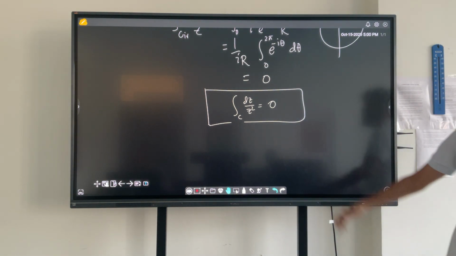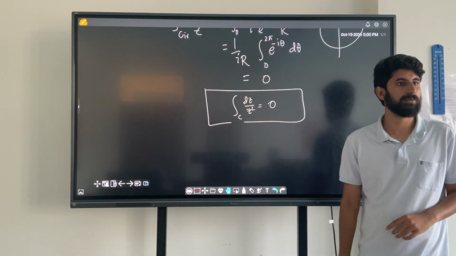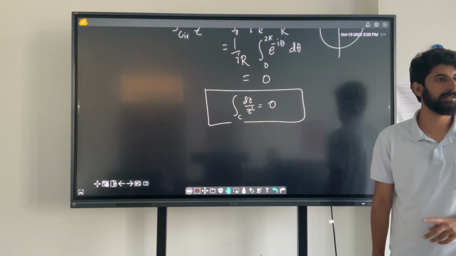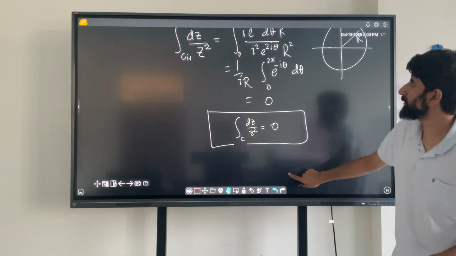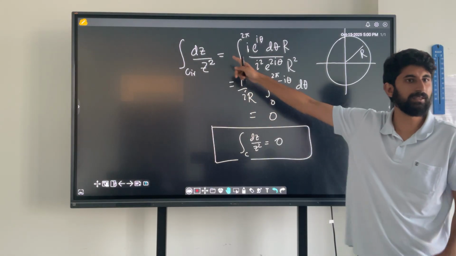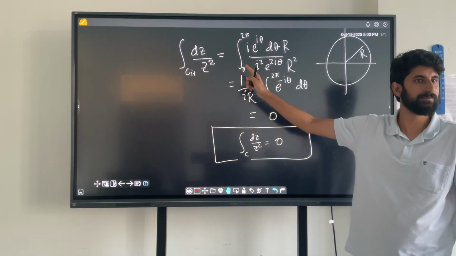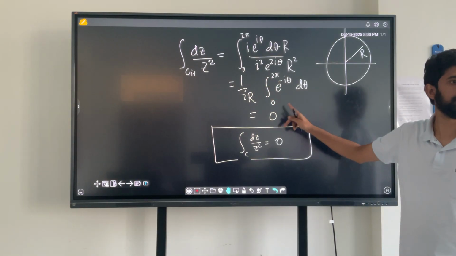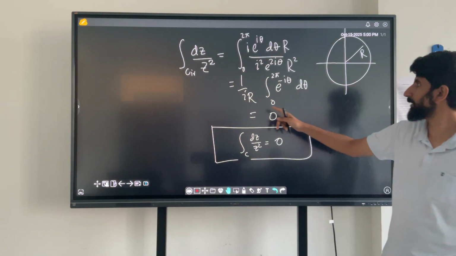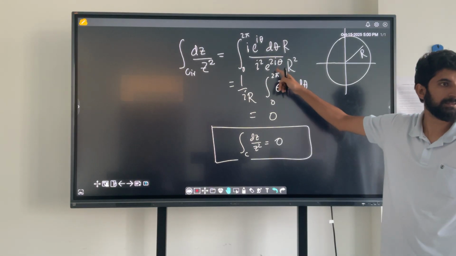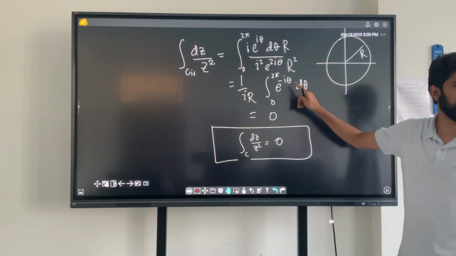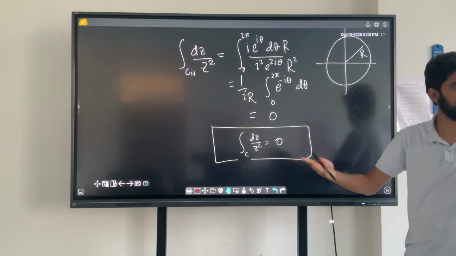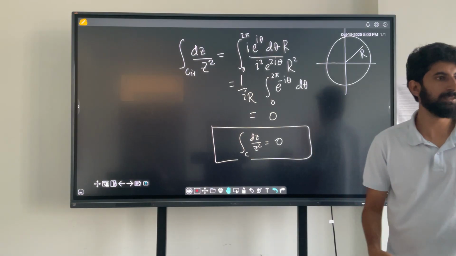What about 1 by z cubed? You have to do the same business again, but with z cubed now. You will see you get 0 again. For z cubed, you will have 3i here, e^{2iθ}, once again the same thing: e^{4π} minus e^0.